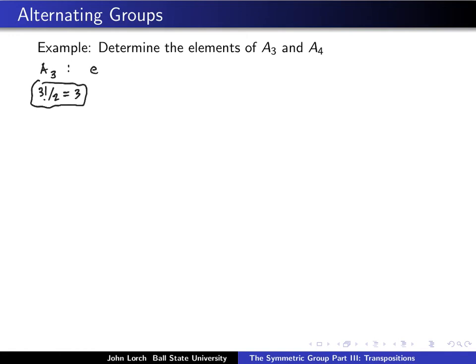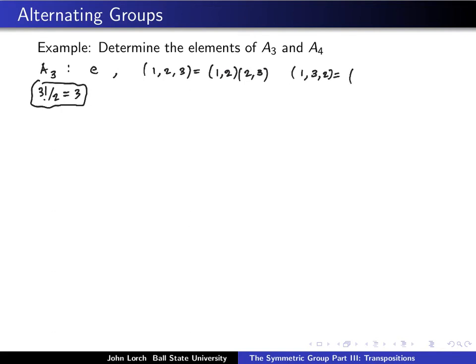One of them is going to be the identity. And it turns out that the others come from the 3-cycles in S3. So what are those? Well, we've got 1 going to 2 going to 3 and back to 1 again, which can be written like this. So that's a product of an even number of transpositions. And then, what's the other 3-cycle? It's the inverse of this one, namely (1 3 2).